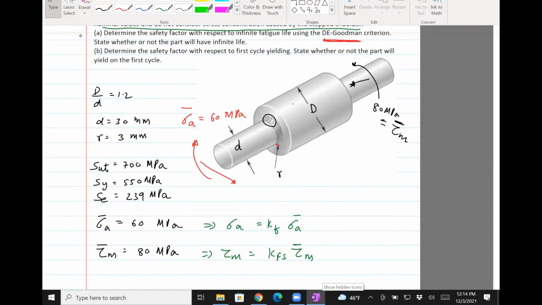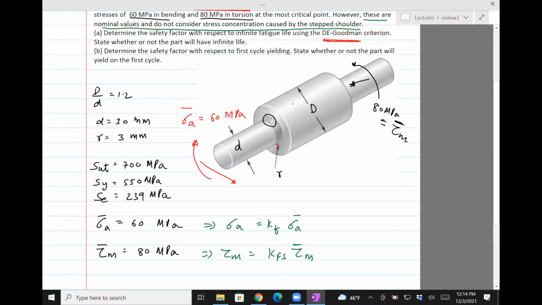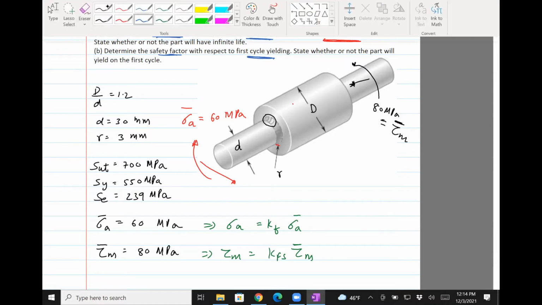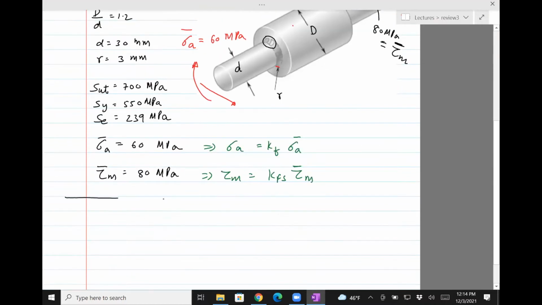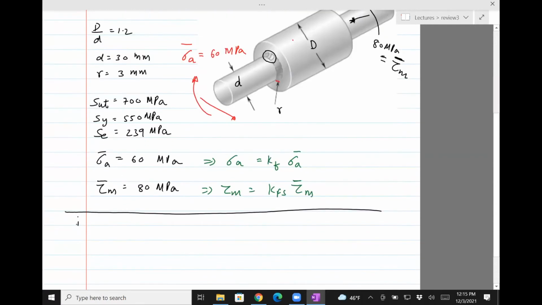Okay, now the questions are: determine the factor of safety with respect to infinite life using the Goodman criterion, and the factor of safety using first cycle yielding. So part one, we need to find NF, where NF is given by the formula sigma A prime over SE plus sigma M prime over SUT.